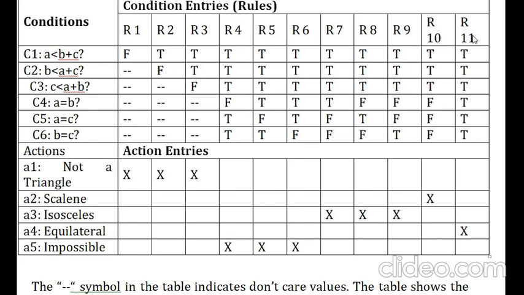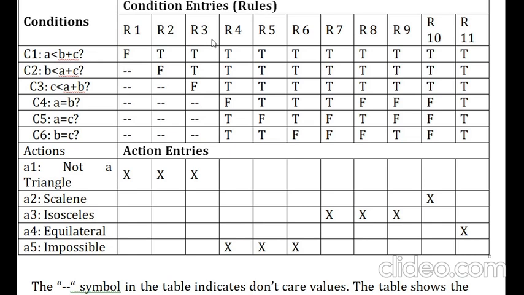Come to rule number 11. All the conditions are true, so come to C4, C5, C6: A equals B, A equals C, and B equals C. All the sides are equal, so definitely it is an equilateral triangle. In the action entries, it shows the equilateral triangle.